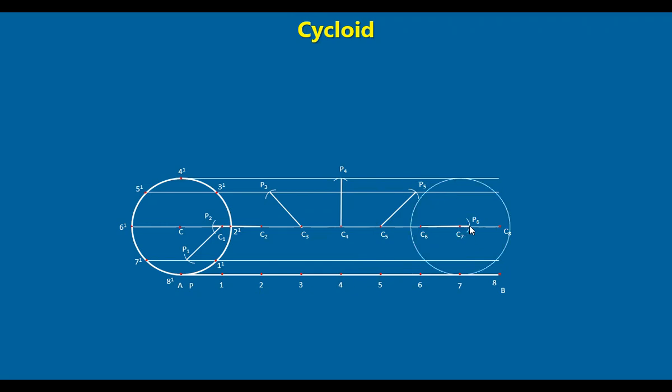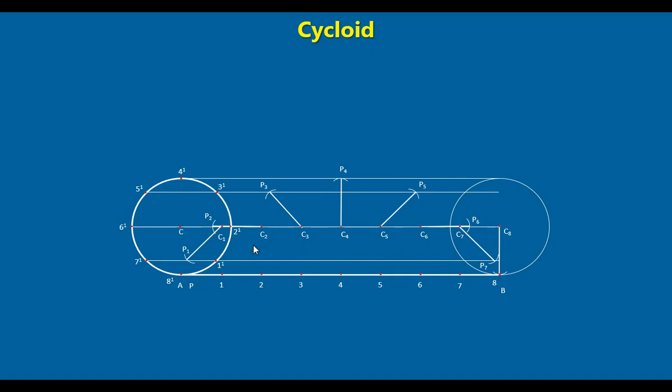Now with the same radius, intersect this 7th line passing through 7, and get another point P7 here. Now it has come to C8. Once it reaches the end, it has traveled the entire 2πr circumference length, and point P comes down and touches this 8. Now it has completed one cycle.